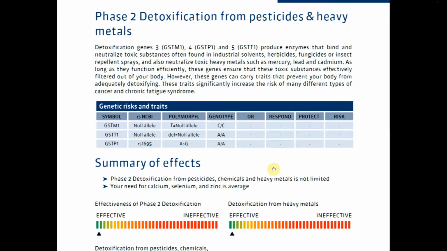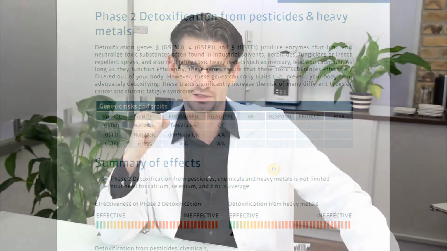This means if I eat some vegetables that have a lot of herbicides in them, the vegetables are going to contain these substances, and they're going to reach my body. Then there are these 3 genes which produce enzymes which recognize it, neutralize it and remove it. So it's not a problem. Same goes for industrial solvents and things like that.